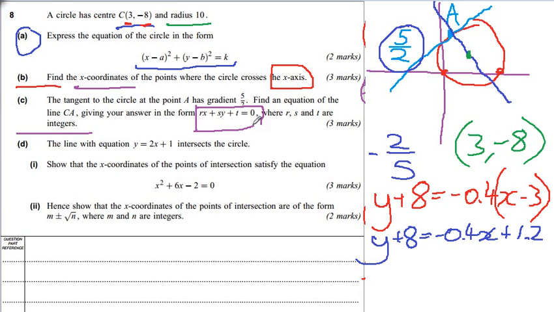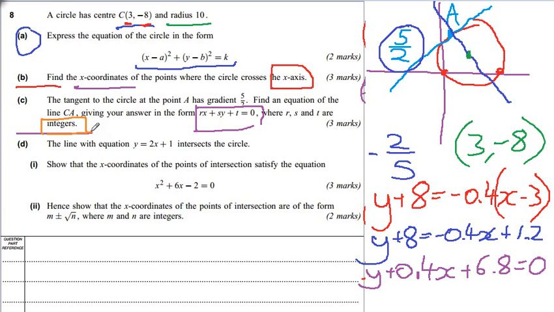So let's start moving some things across, and what we're going to get is y plus 0.4x, then plus 6.8 equals 0.